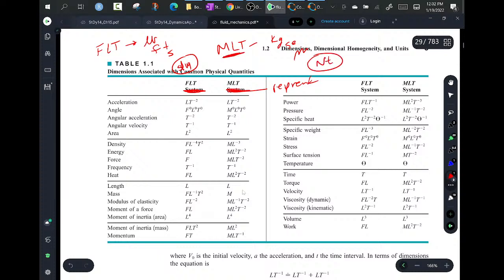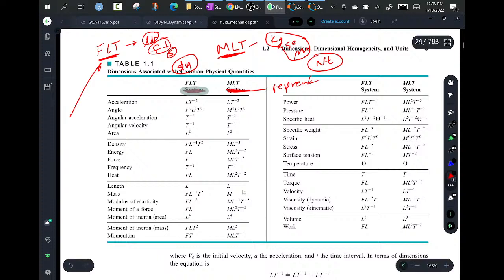So this is called MLT because it has kilograms, seconds, and meters as its base: a mass, a length, and a time. This one, all the ancient units, come from an FLT system: pound, feet, and second, and the derived unit is the mass.